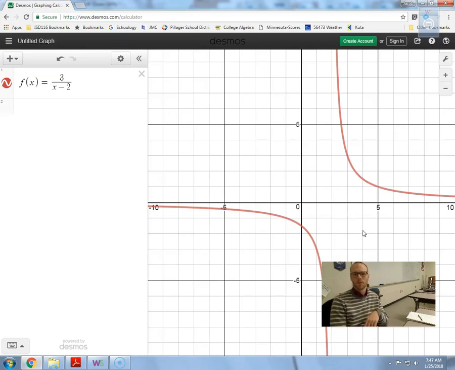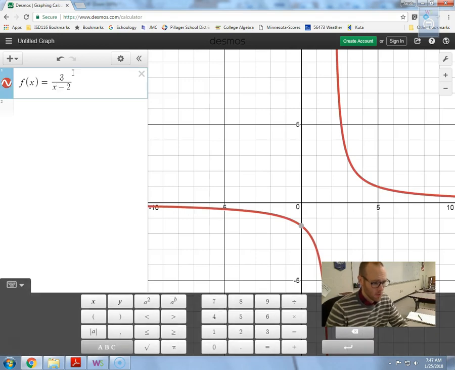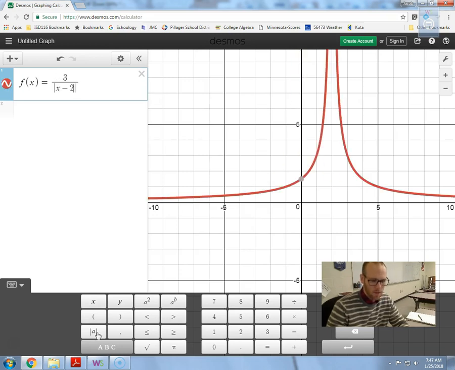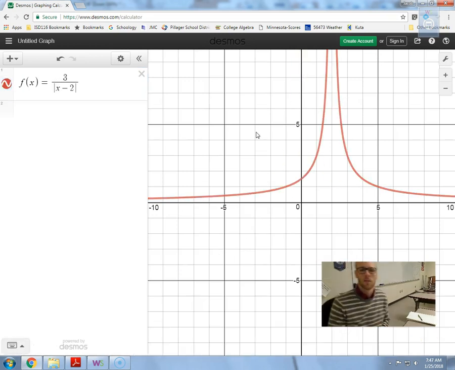It looks like this. Now what's going to happen if we take the absolute value of the denominator, or the whole thing for that matter? Okay. Well, we know absolute value is going to make it positive. So absolute value x minus 2 looks like this. So as we come from the left towards 2, where is this function going?